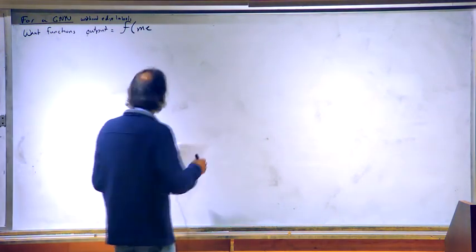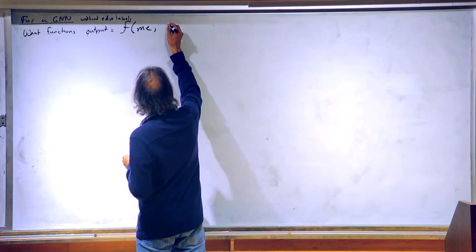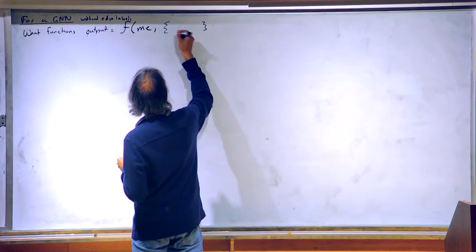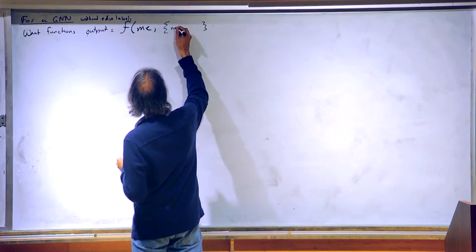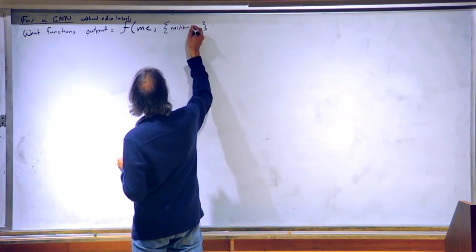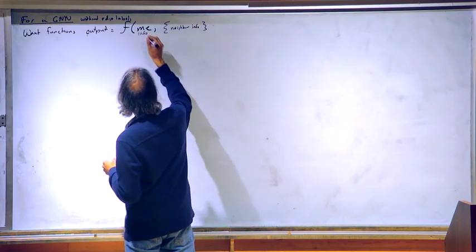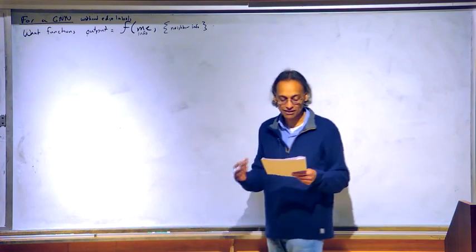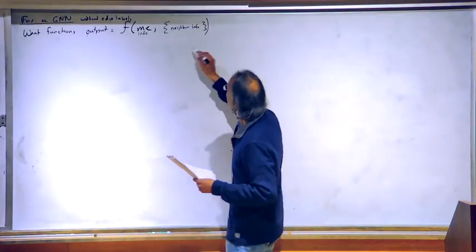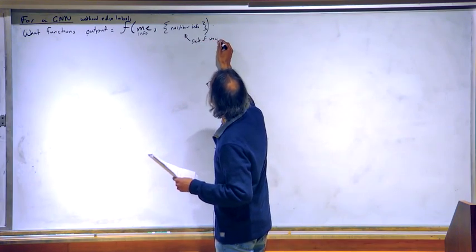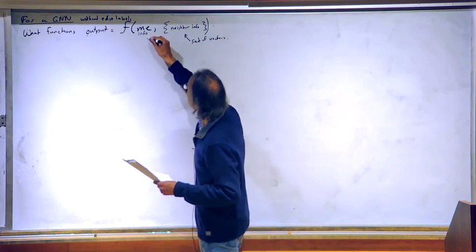I'll call that me, okay? It's like whatever's here. And a set of information from neighbors. Me info, like local info, and set. So a set of vectors. This is a vector.